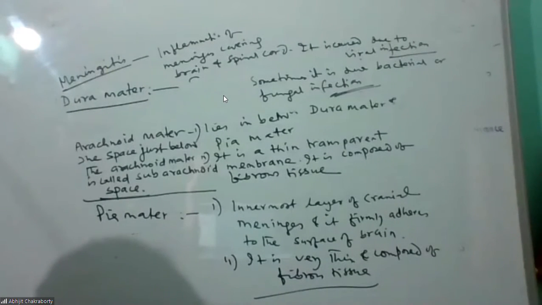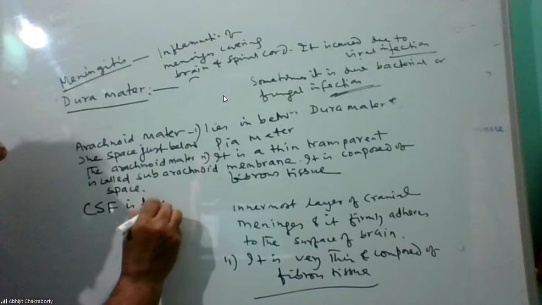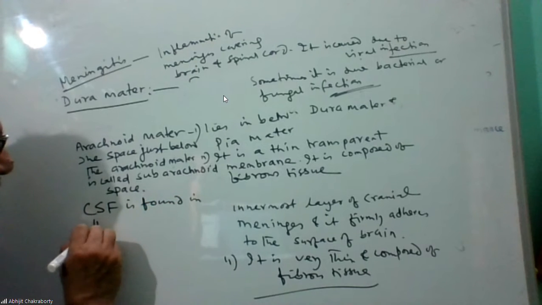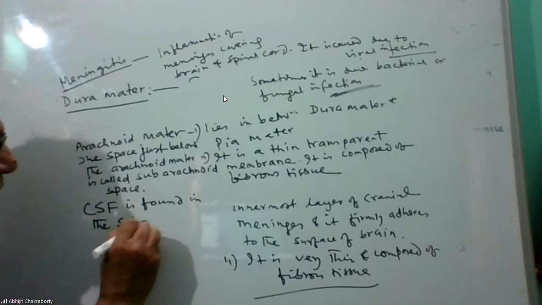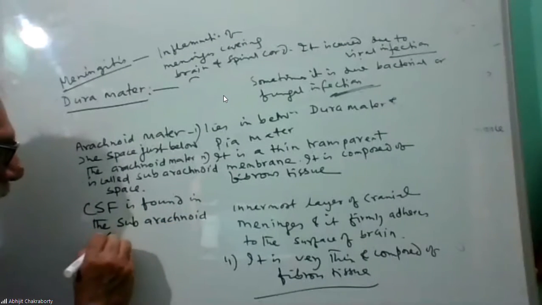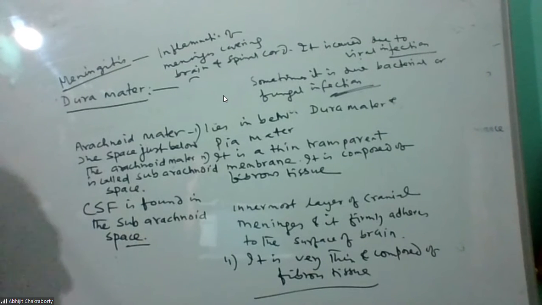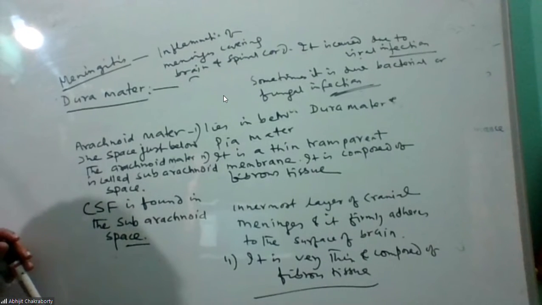And you know, subarachnoid space has its own importance. CSF is found in the subarachnoid space.